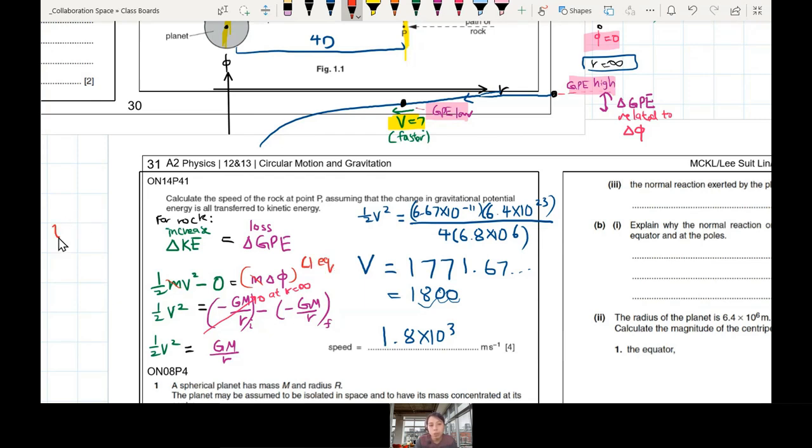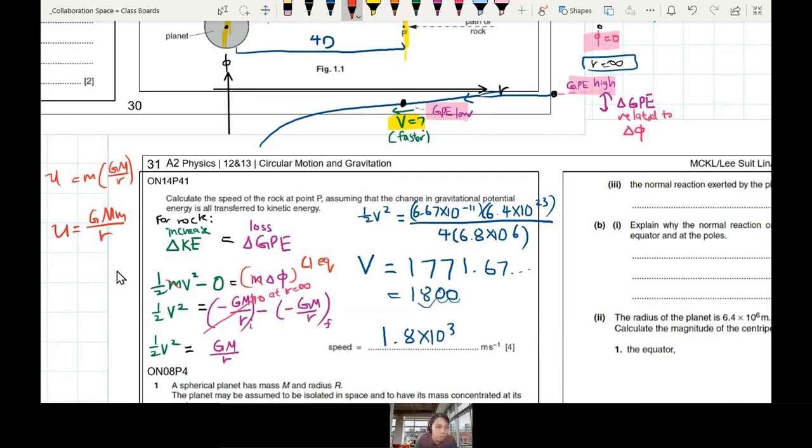Some of you prefer to straight away use the equation for potential energy, which is just GMm over R. Also okay, but it basically comes from here, m times phi. Yes, write out the other step, m times GM over R, right? So you get GMm over R. You want to jump to there also, okay.